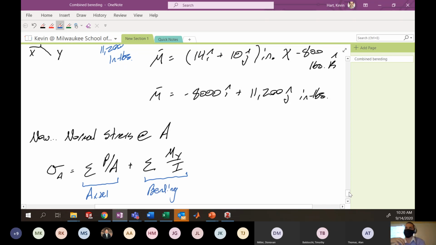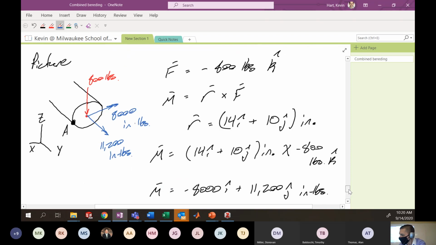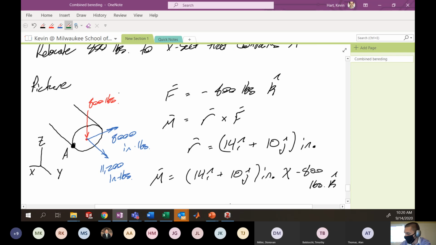So let's go up and investigate our loads on this particular piece. The only actual load that's not a moment is this 800 pounds here. If I'm concerning myself with axial loads, these are loads that move into and out of the cross-section of interest. In this example, this 800 pounds is across the face. It's not along the axis of the piece. So it's not an axial load, but a transverse load.